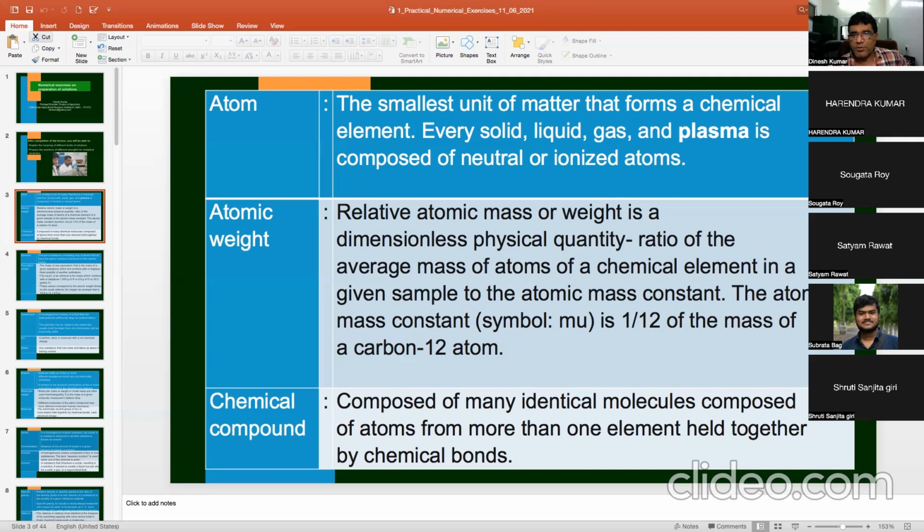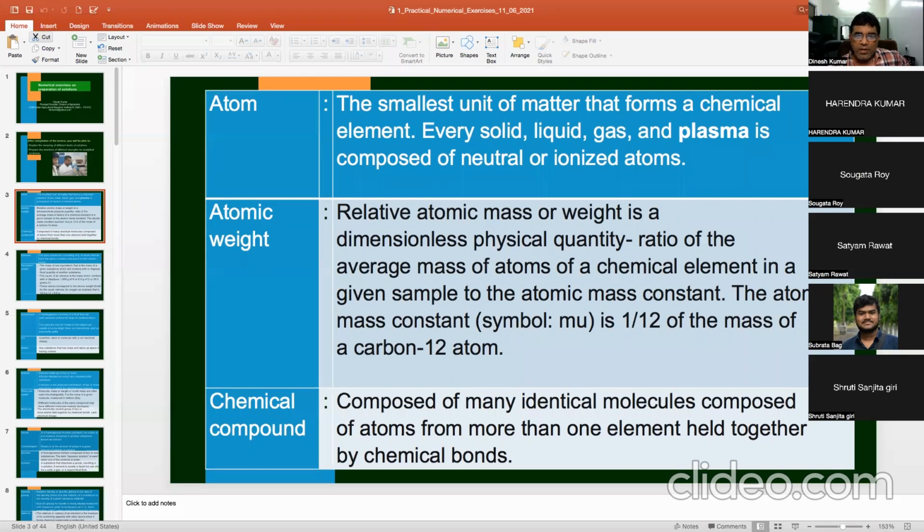The atomic mass constant, symbol Mu, is 1/12 of the mass of a carbon-12 atom. It tells how many times it is heavier than 1/12 of the mass of carbon. Before, people used to use hydrogen, but now they use carbon, 1/12 of the mass of carbon. How many times it is heavier than that, that is your atomic weight.